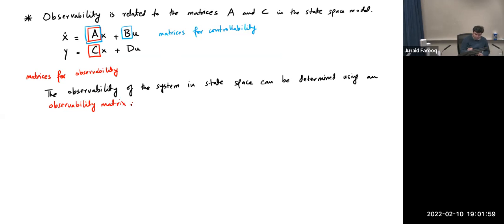And an observability matrix has the general form O. So we represent it as O of A and C.